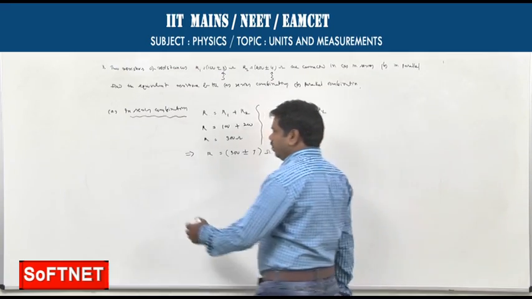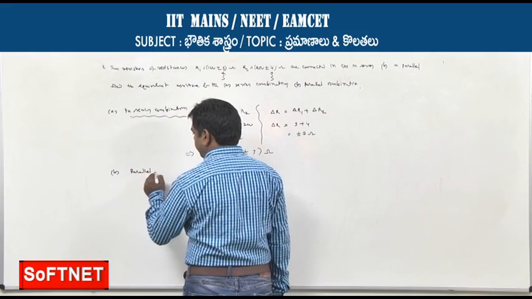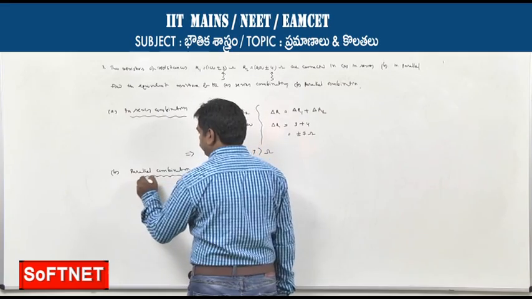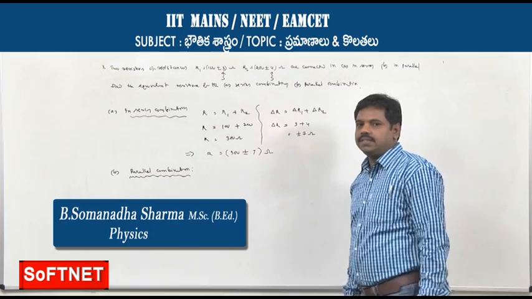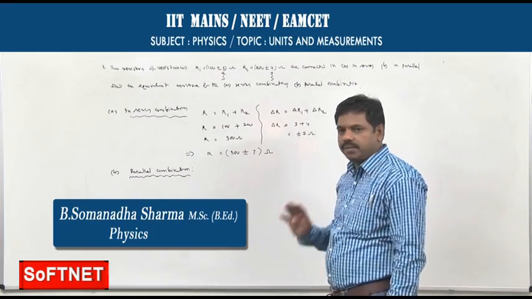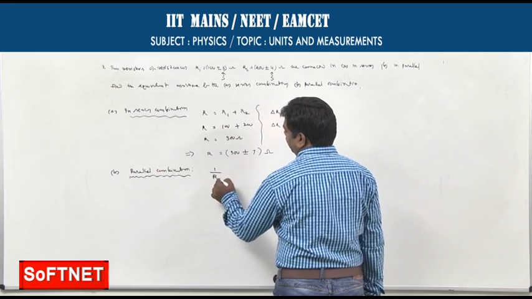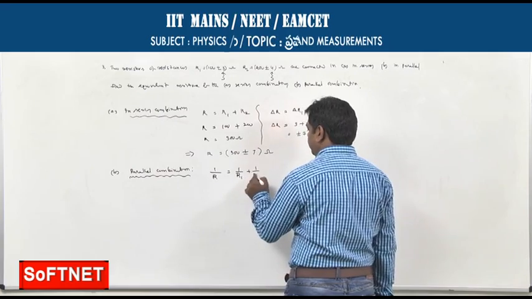Now, let us take the parallel combination B. What is the formula for the resultant resistance in the parallel combination of the resistances? That is 1 by R is equal to 1 by R1 plus 1 by R2.